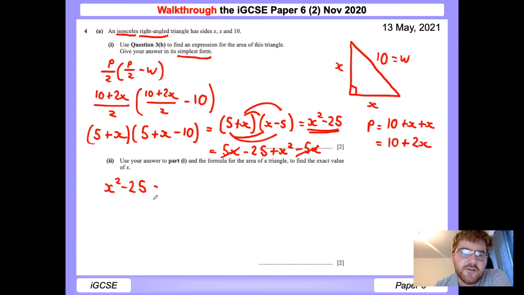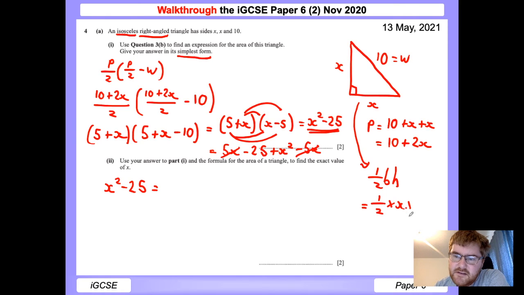Now, if we use our normal formula on this triangle, the normal half b h formula, then we get a half times x, which gives us a half x squared. So these two formulae, the normal one and this kind of strange one, must give the same result. So we can make them equal to each other. In this case, we've just got an equation to solve.